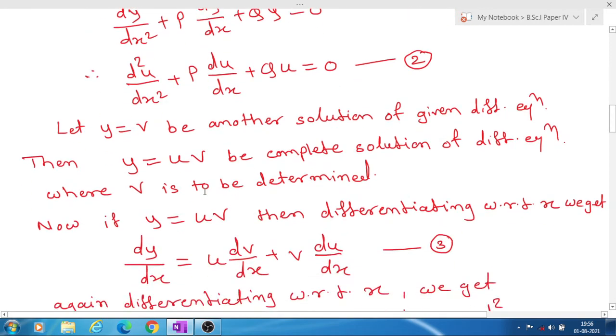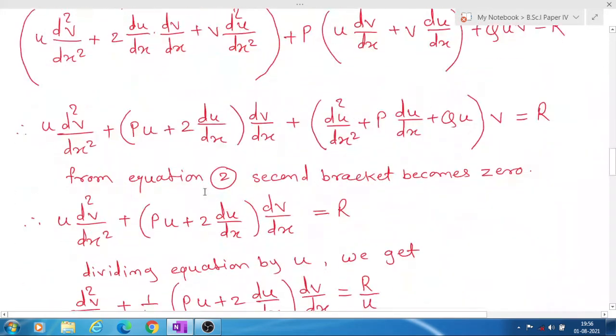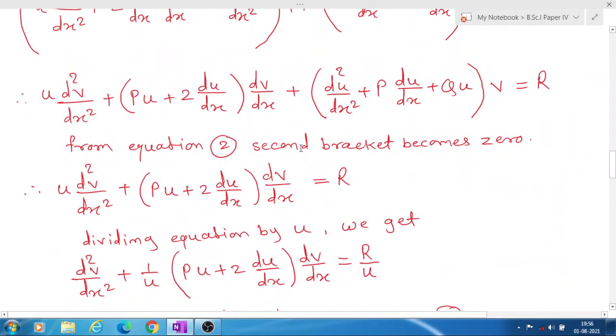Therefore this value is 0. So in this bracket value of this bracket becomes 0. Therefore remains only these two terms. So u into d2v by dx square plus p into u plus 2 into du by dx into dv by dx is equal to, on right hand side, r.